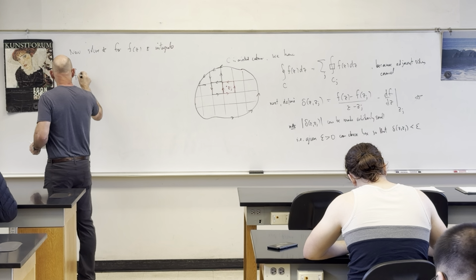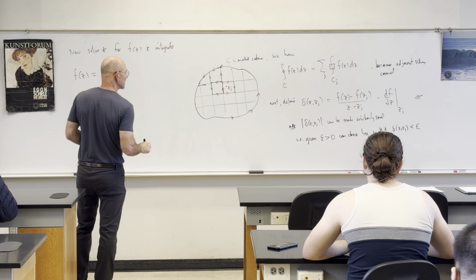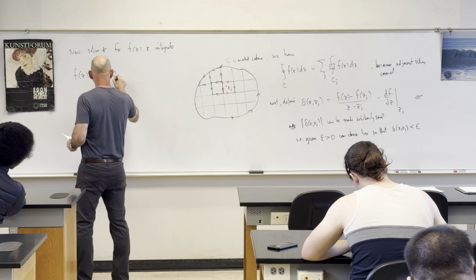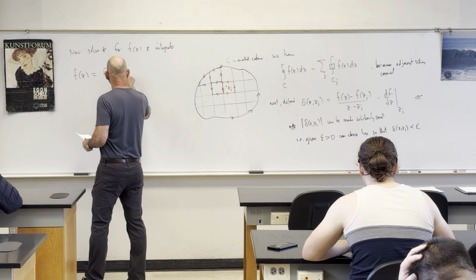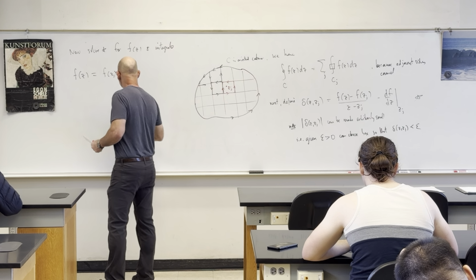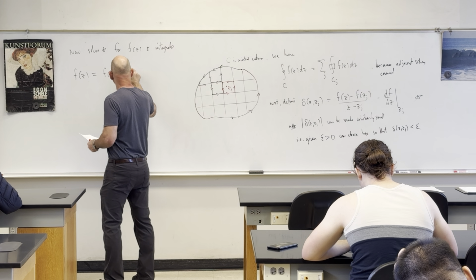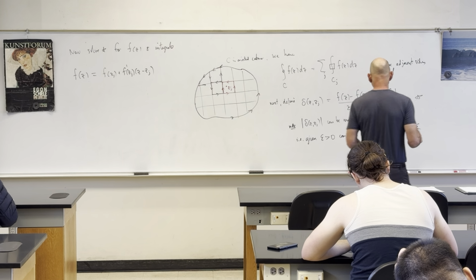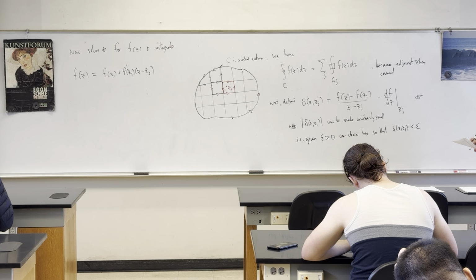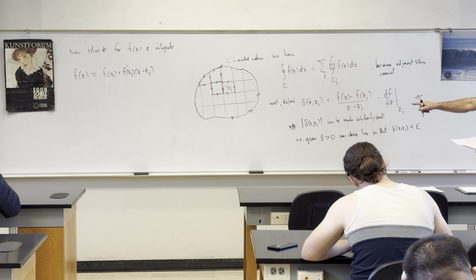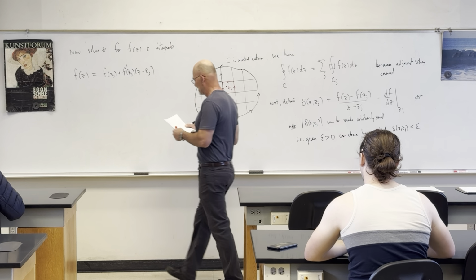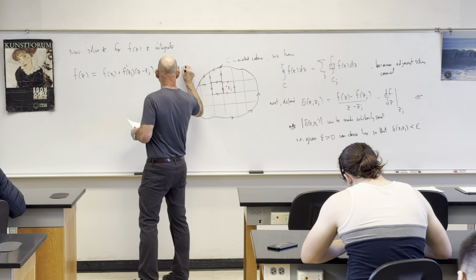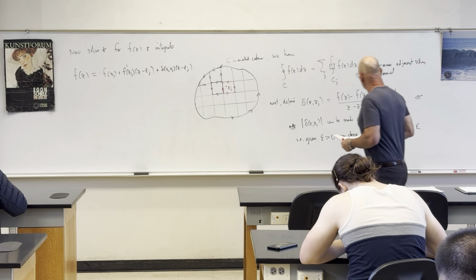So what do we get? f of z equals f of z sub j plus f prime of z sub j times z minus z sub j, just the way we started when talking about the derivative earlier on, plus delta of z and z sub j times z minus z sub j as well. So we've solved for f of z.